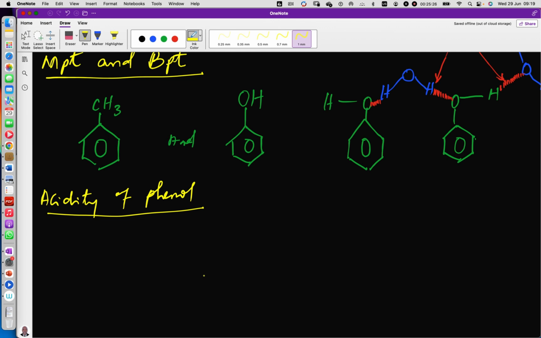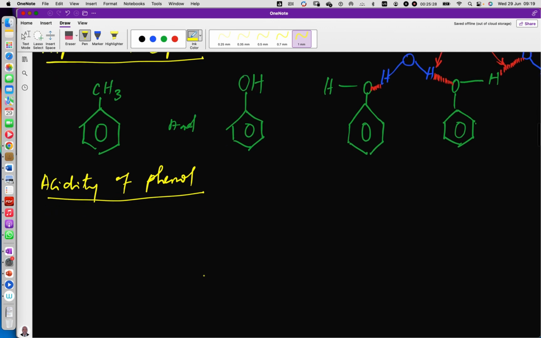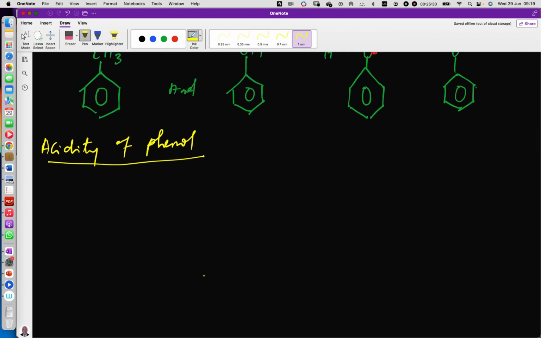And this can be seen in this equation here.